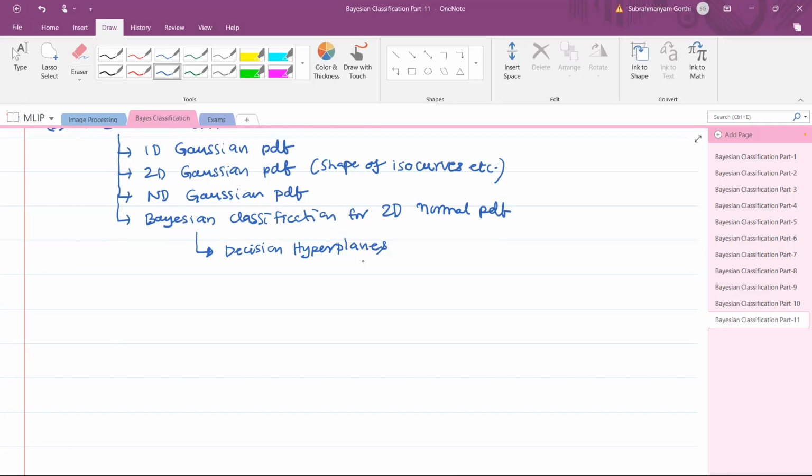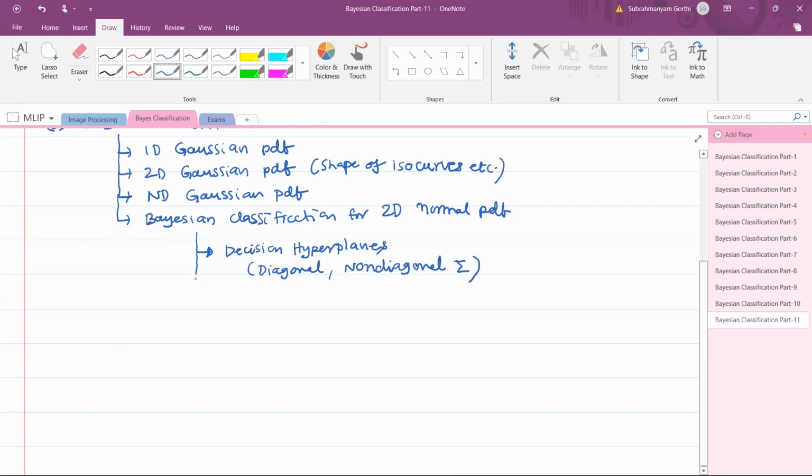And of course, then we discussed mainly the cases where the covariance matrices are diagonal and the same, non-diagonal and the same, all these things. Non-diagonal covariance matrices we discussed here.